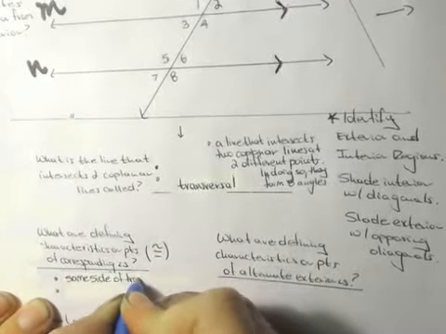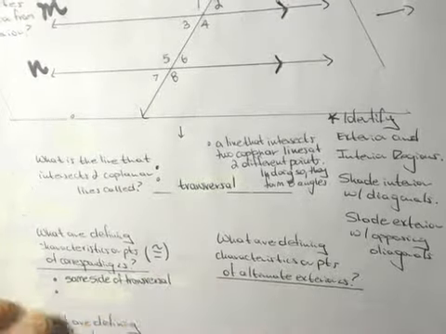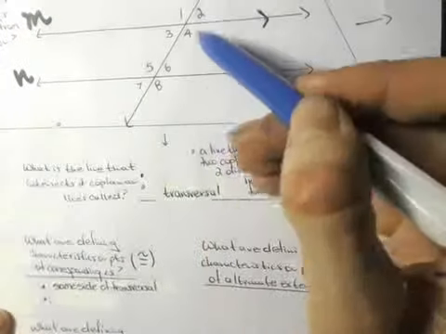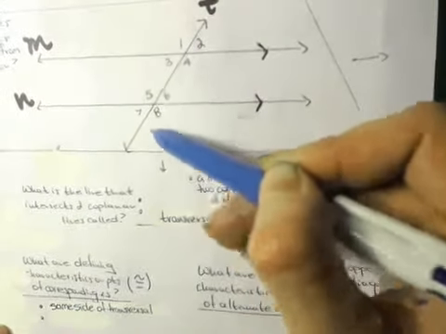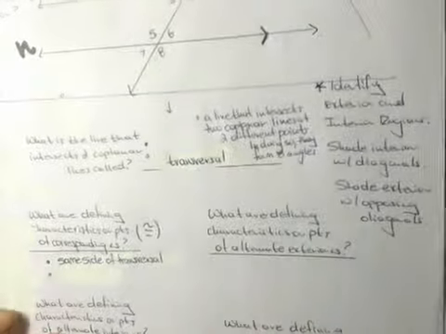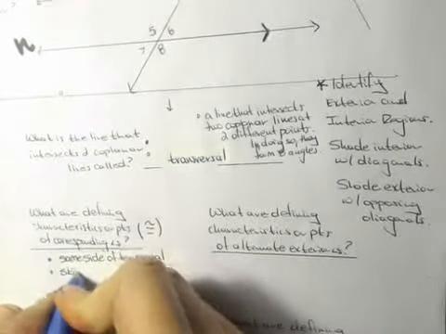That's one criterion. 2, 4, 6, and 8 are on the same side of the transversal, and 1, 3, 5, and 7 are on the same side of the transversal. And you have to skip an angle.